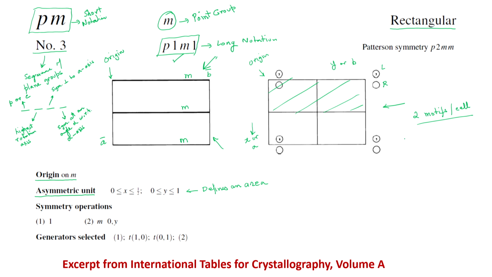So, the area of this asymmetric unit is 1 divided by the number of atoms if I had put single atoms, or if I put any arbitrary motif, then it would have been 2 motifs per unit cell. So, it is a half of the total area of the unit cell.